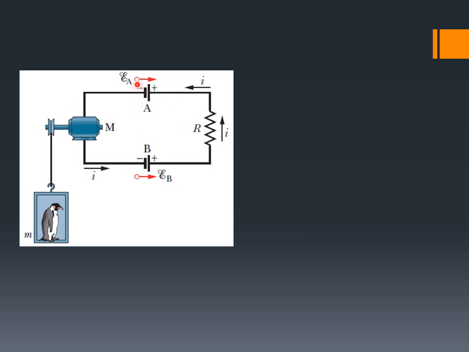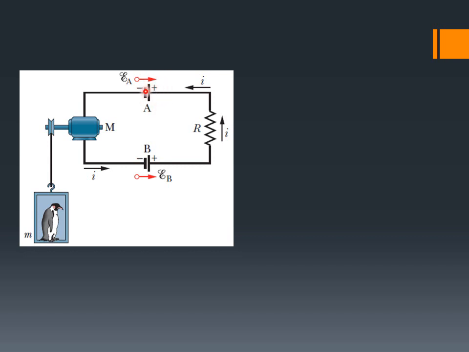Then the current flows from positive towards negative. Now look, inside battery A, the source of the EMF, the electrons are pumped from negative towards positive. But here the charges flow and they are moved from positive towards negative. So inside this source of EMF, what happens?